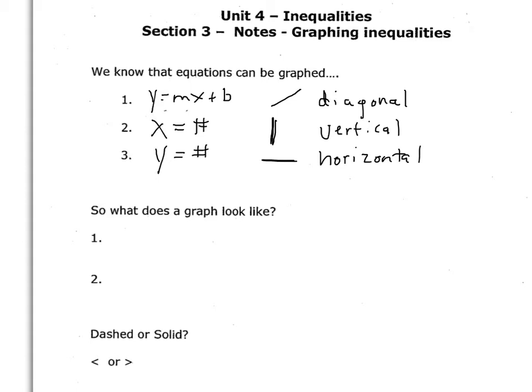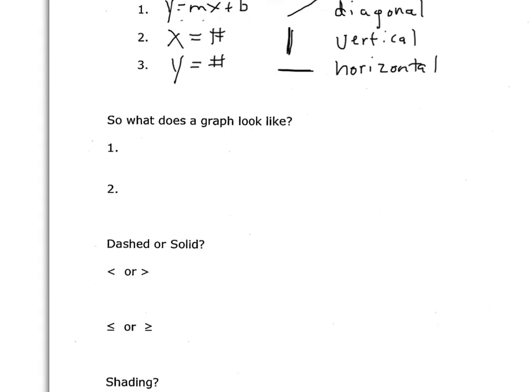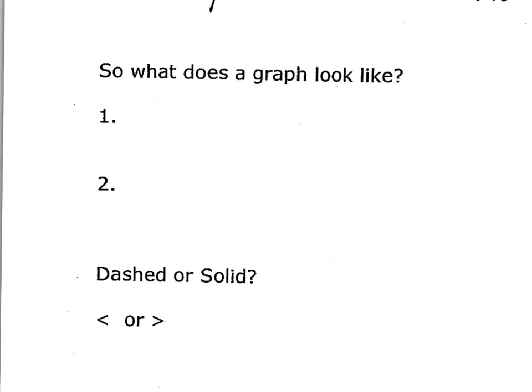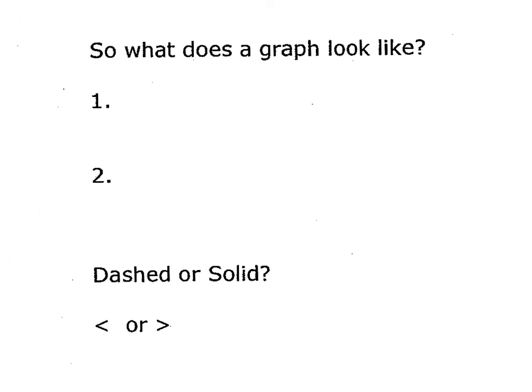So if you graph an inequality, what will it look like? Well, it's going to be similar to graphing an equation. First, you solve for x or y, and you'll have to look at the directions to decide which one you want to do.